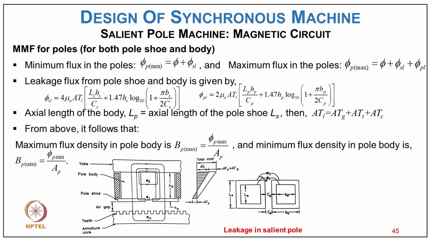So minimum flux in pole is phi p minimum equal to phi plus phi SL, and the maximum flux in the pole is phi p max equal to phi plus phi SL plus phi PL.